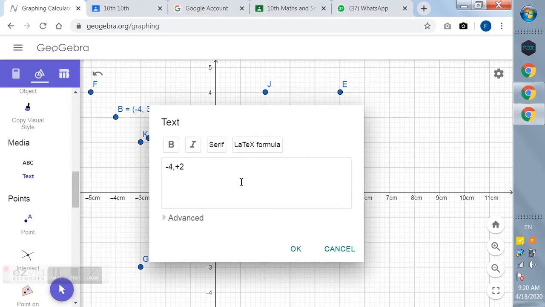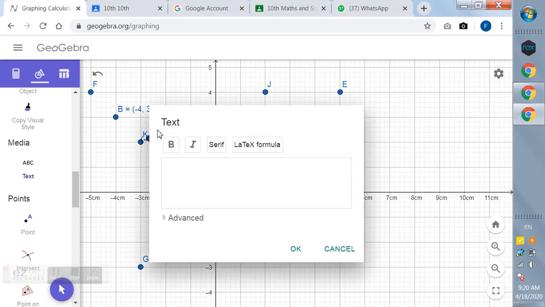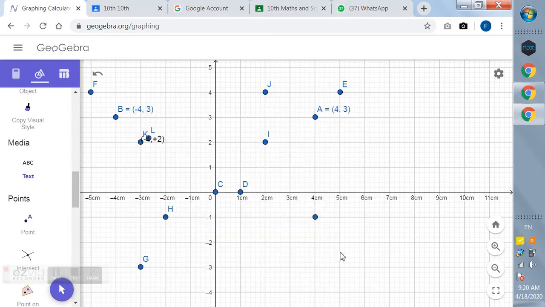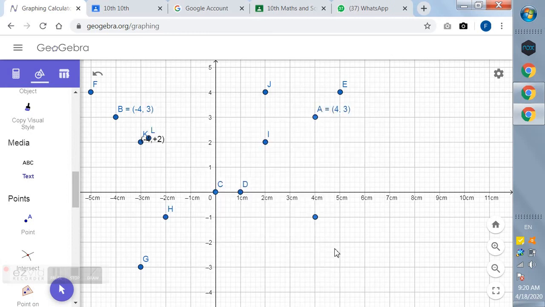So this is how we plot and read points in the x and y coordinates. Is it clear? Okay.